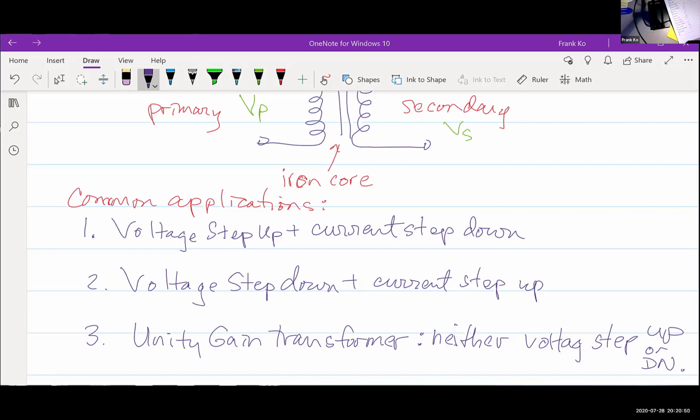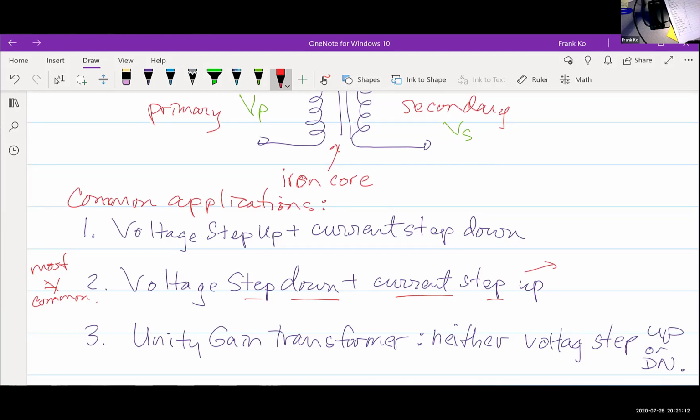And the different applications of each of these are shown here. Voltage step down is the most common one, current step up. This is the most common one that we're going to encounter. Most common. And this is found everywhere in all of your electronic components.